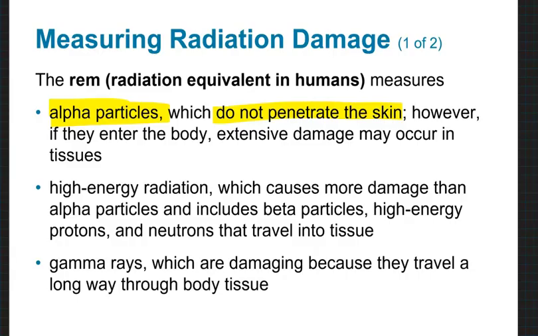It is when there is no skin protection, when there are living cells. It's one of the most damaging types of radiation. Okay? High energy radiation, more damage. And gamma rays are the most damaging. Sounds good?